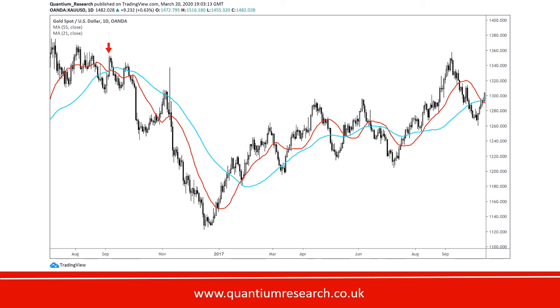The first red arrow here, let's have a look, is a great sell signal. And that's because the market is trending. Then there's a good buy signal next. Let's find one here. Because there's a bullish crossover and the moving averages here are used as support.